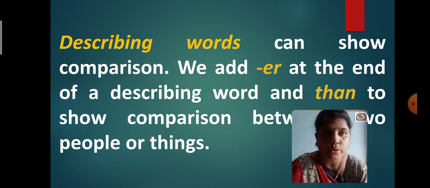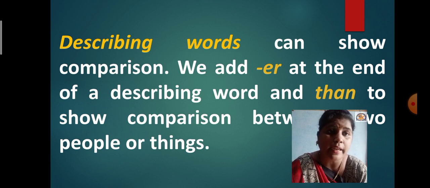So we add er at the end of a describing word. That we have already discussed. Describing words can show comparison. We add er at the end of a describing word. Long is a describing word, so longer; tall, taller; short, shorter.